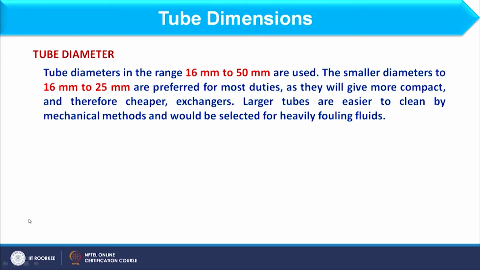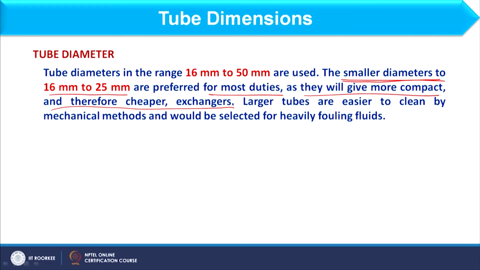So now we are going to decide the dimension of the tube. If I am saying dimension of the tube, what is the meaning of that? I am deciding the diameter as well as the length of the tube, right. Now, the complete range of tube diameter varies from 16 mm to 50 mm. However, the smaller diameter tubes such as 16 mm to 25 mm are preferred for most duties, as they will give more compact and therefore cheaper exchangers.